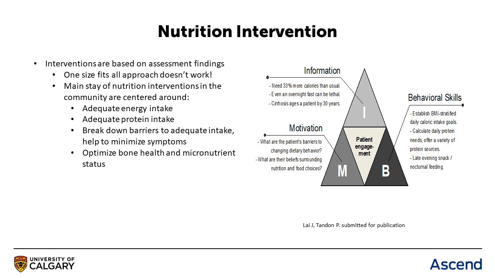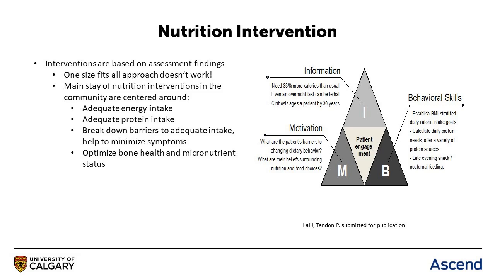For motivation, we want to, again, break down those barriers, which I did a lot of talking about, but that's really important. What are the barriers both to their ability to achieve their intake, but also are there barriers that exist to doing what we ask them to do? How can we help them get to where we want them to be? And also, what are their beliefs surrounding their nutrition and food choices?